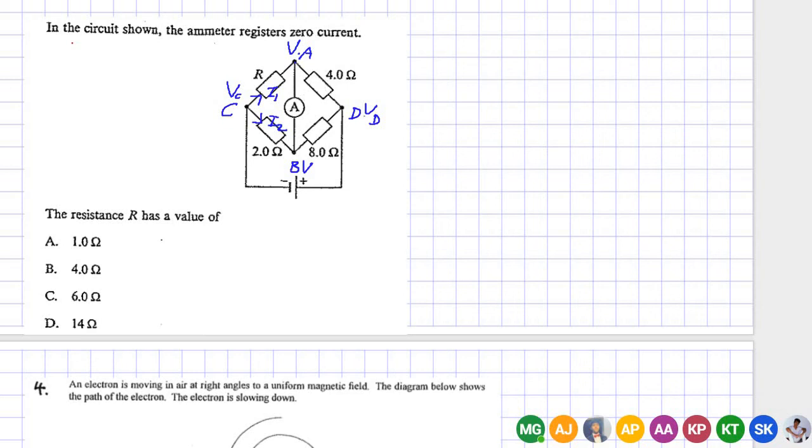So the same current will flow through AD also, so it will also be I1. And again the same current I2 will continue to flow through BD also. And then they will again meet at junction D and become I1 plus I2. So here you have I1 plus I2, and here also you have I1 plus I2.